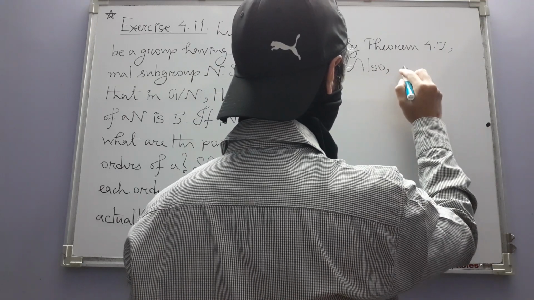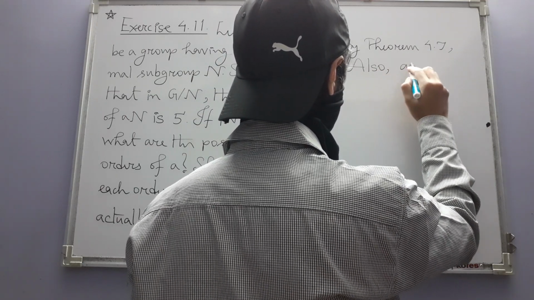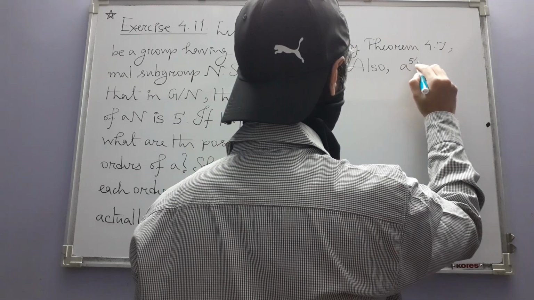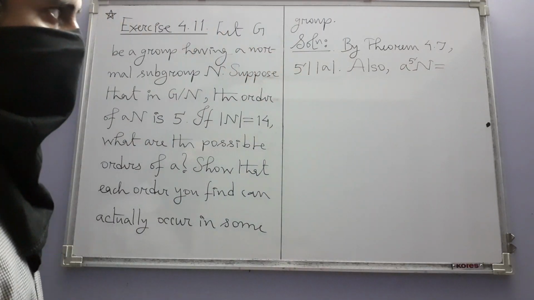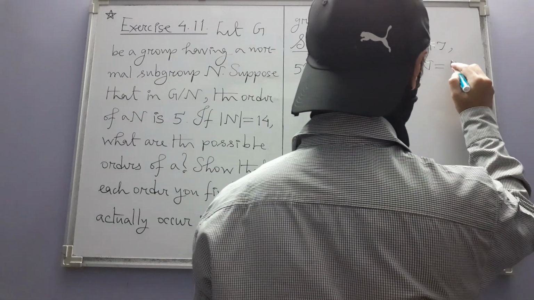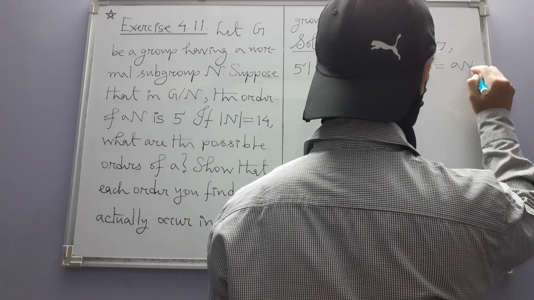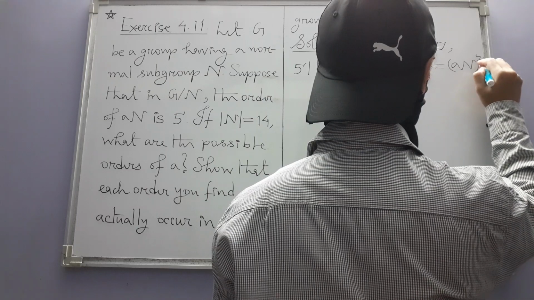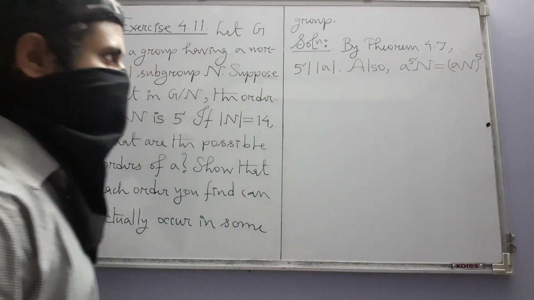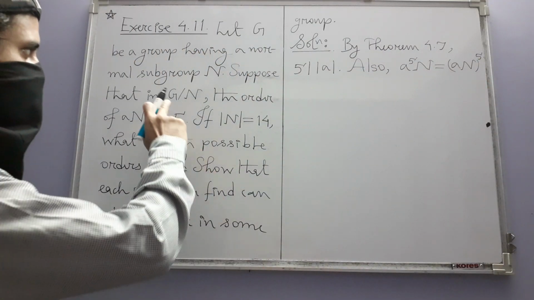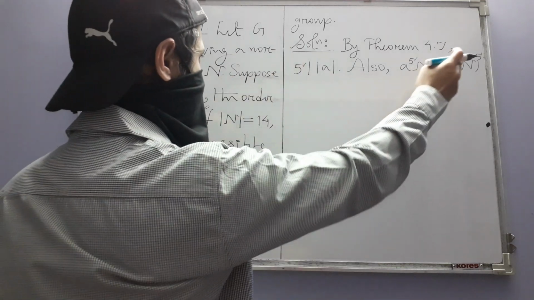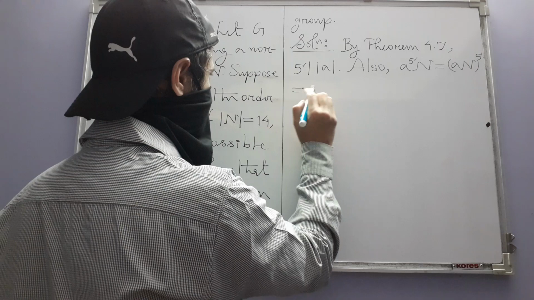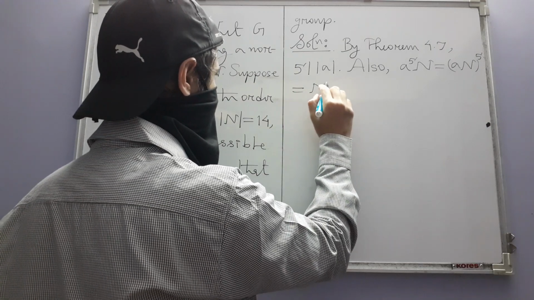Also, this coset of N, which is nothing but the fifth power of the coset An, by the definition of the binary operation in this factor group, we have that. But this is equal to the identity element in the factor group.